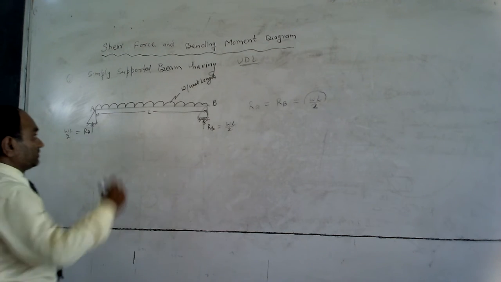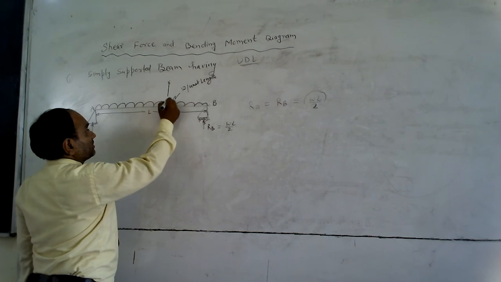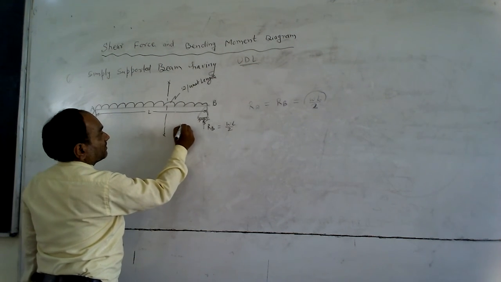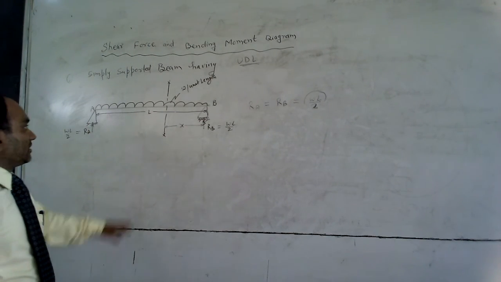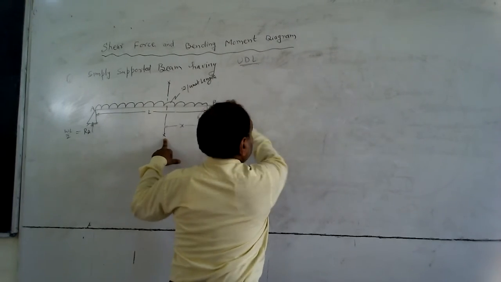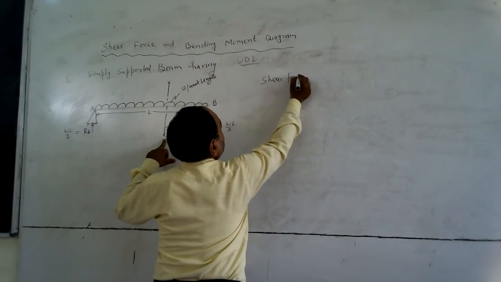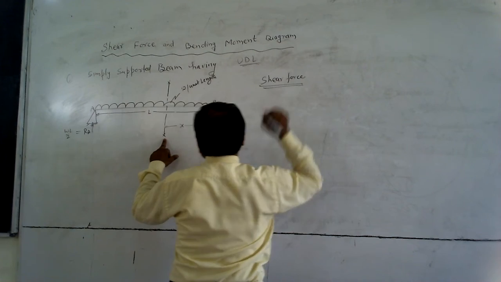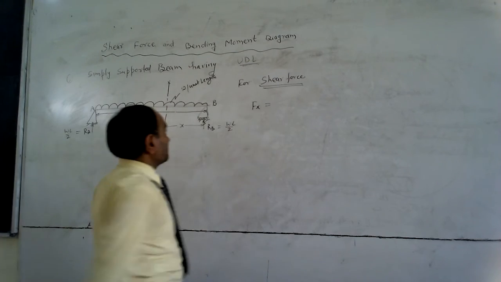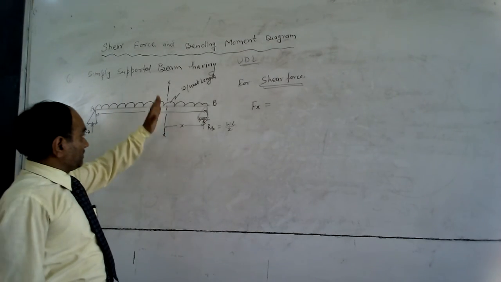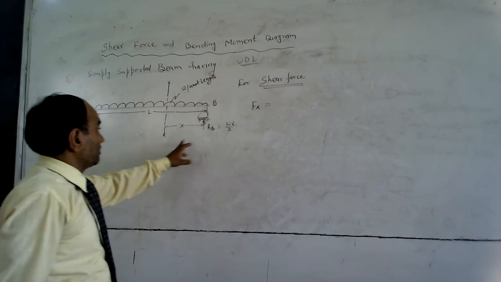Now I have to find the shear force. For that, I take a section between A and B at a distance x from support B. The shear force Fx, that is the shear force between this section and B, is the algebraic sum of all forces acting on the right portion of this beam.